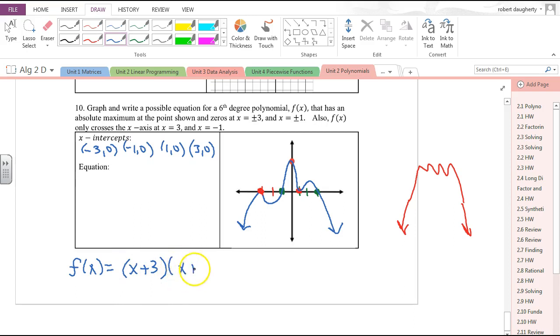It's going to have x plus 1, x minus 1, x minus 3. That's fourth degree. But I know that if it does not cross at -3, that has to be squared. And if it does not cross at +1, that has to be squared. So this is my 6th degree polynomial that meets all of those conditions. And that is it.